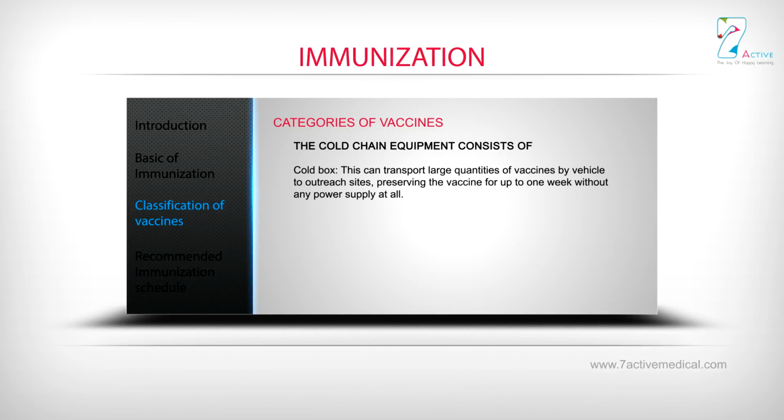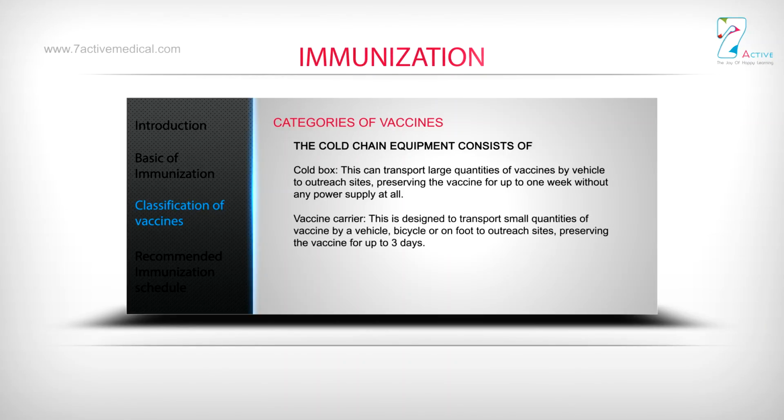This can transport large quantities of vaccines by vehicle to outreach sites, preserving the vaccine for up to 1 week without any power supply at all. Vaccine carrier. This is designed to transport small quantities of vaccine by a vehicle, bicycle, or on foot to outreach sites, preserving the vaccine for up to 3 days.